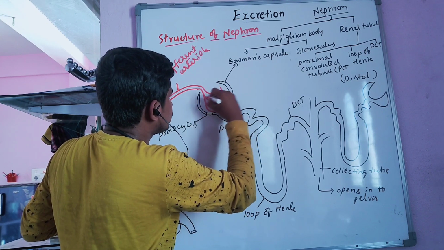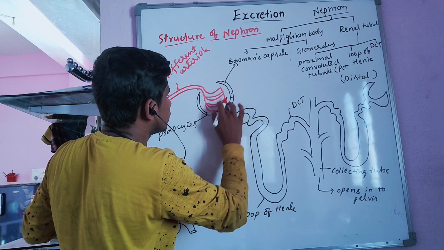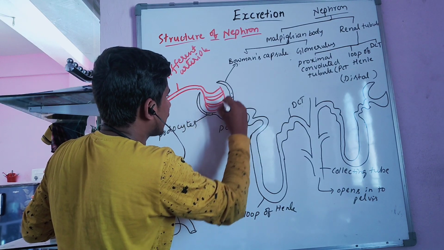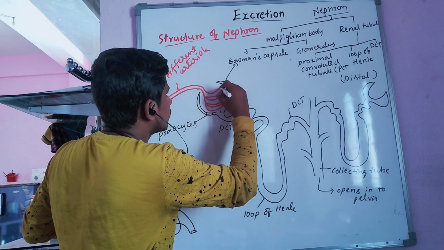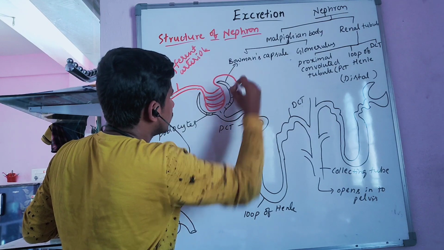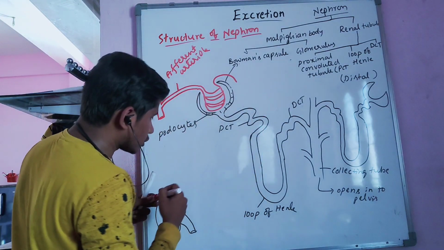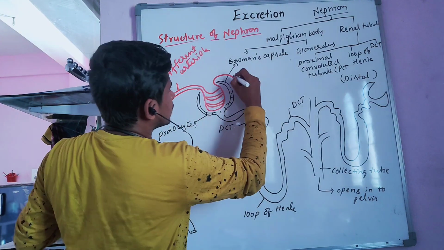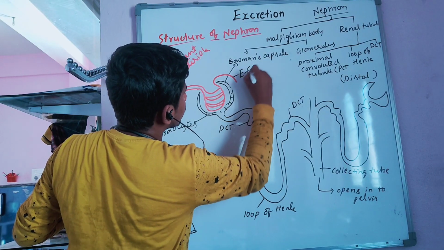Nearly 50 blood capillaries we can see here. These are all blood capillaries found at the Bowman's capsule. Now they come out as a narrow blood vessel called efferent arteriole.